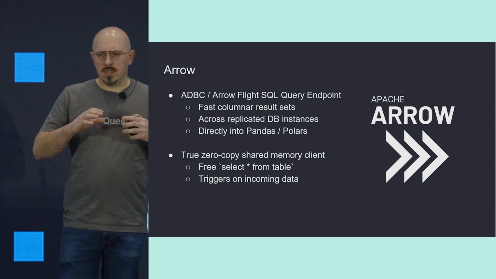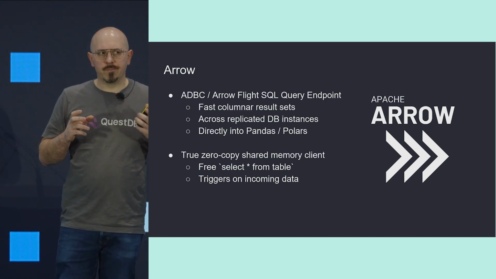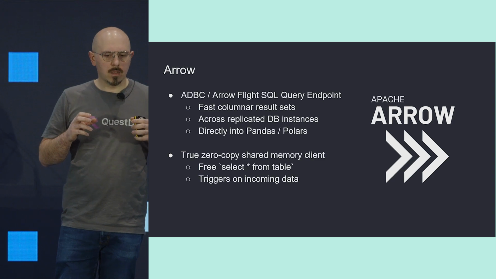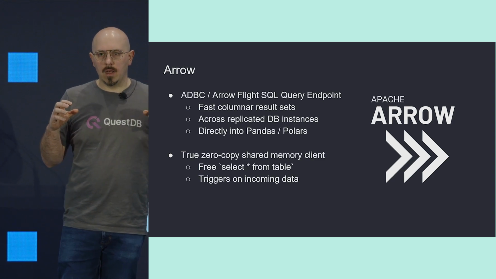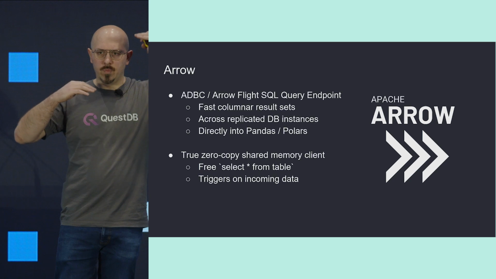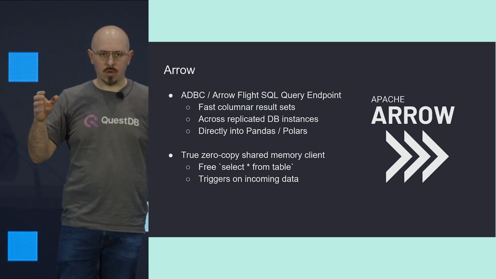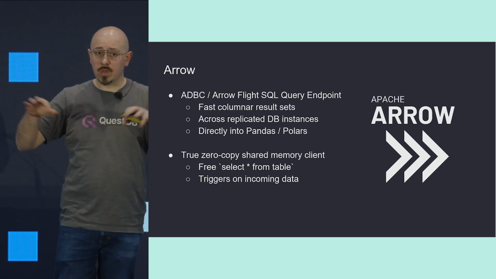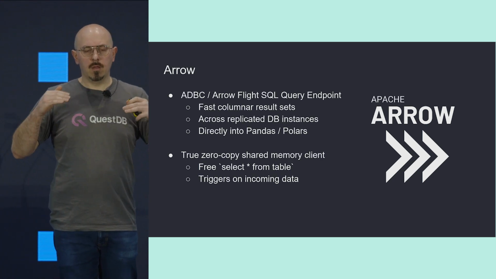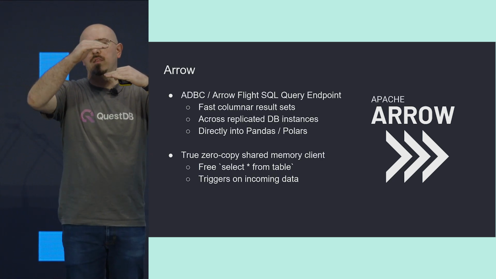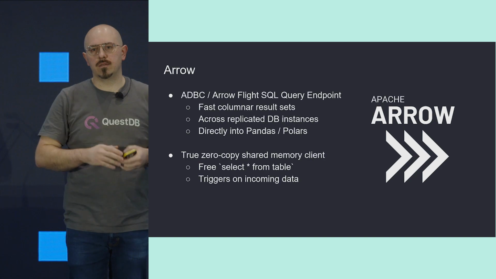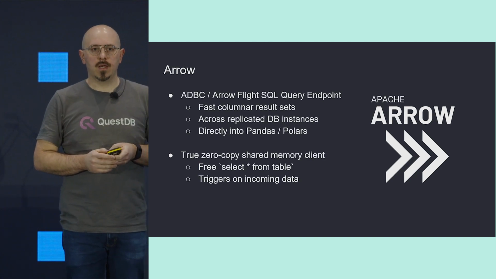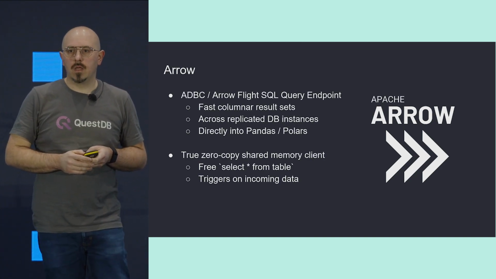And Arrow is really a set of common constructs, and they're layered. So if you want to share stuff within your own process between libraries, for example, that's an easy way of doing that. But then that gets stacked through inter-process communication and all the way to things like Arrow Flight SQL.